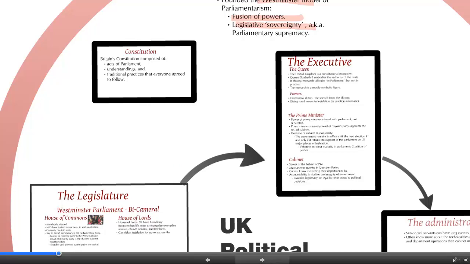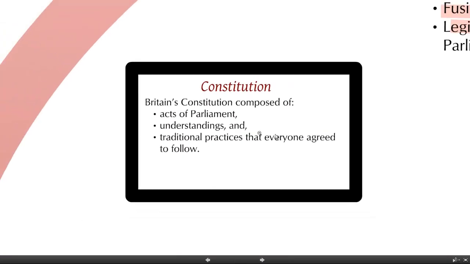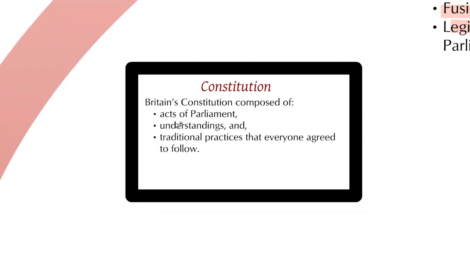But before we get to the details of the legislature and the executive, let's have a look at the Constitution, because it's really kind of interesting and unique. This is in fact an unwritten constitution for the large part. There is no constitution American style, or even French style, or German style, or Japanese style.